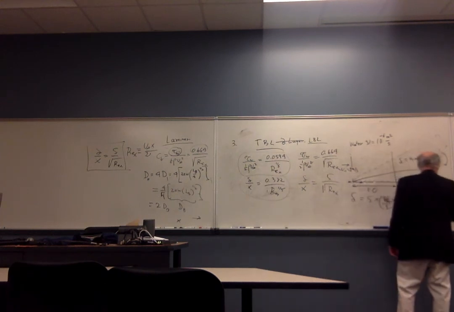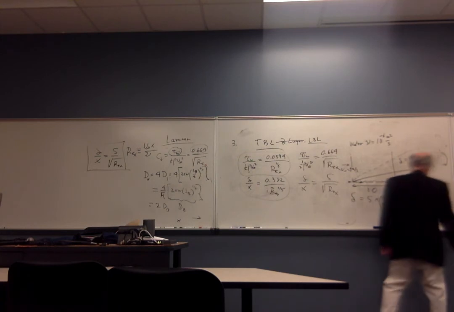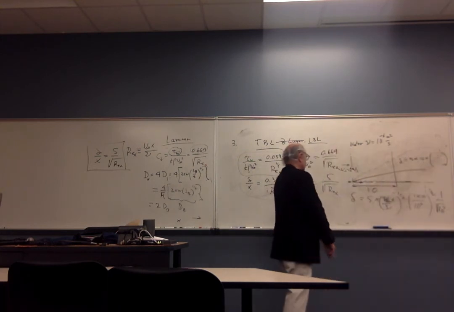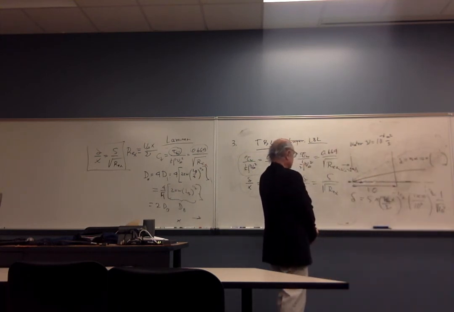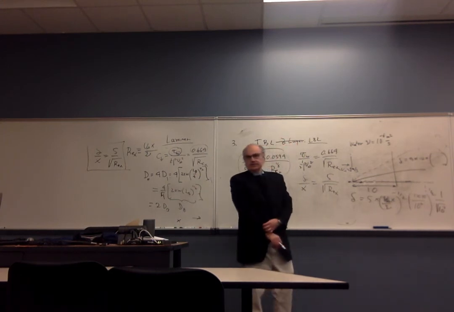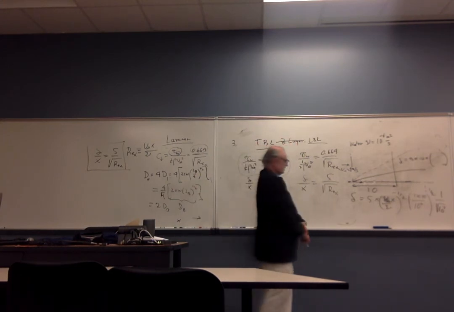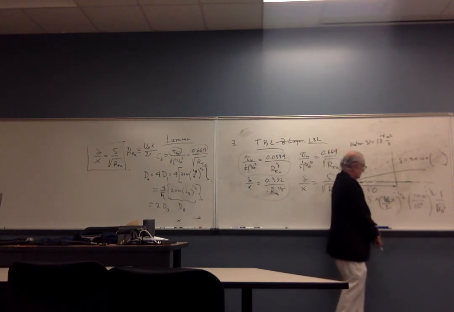What is 1 over the square root of 10 to the 7th? Anybody know? I can't calculate that one in my head because it's not an even number.